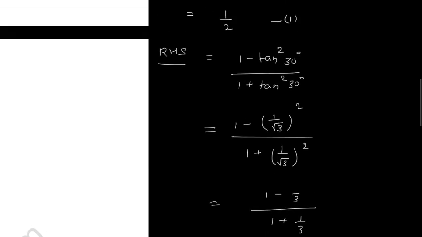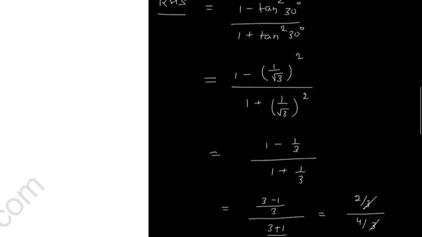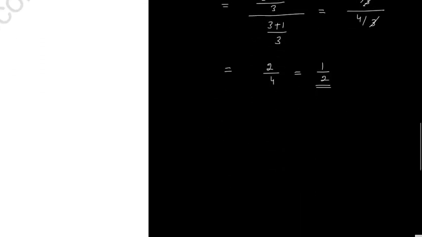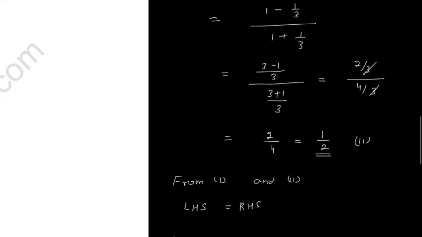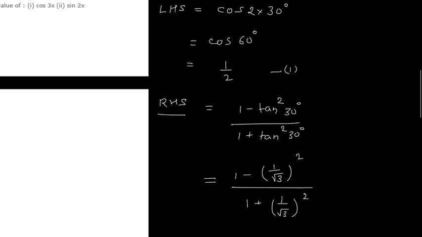So my RHS is 1 divided by 2 and LHS is also 1 by 2. So I will say that from 1 and 2, LHS is equal to RHS. Therefore LHS is cos 2 into 30 degree.